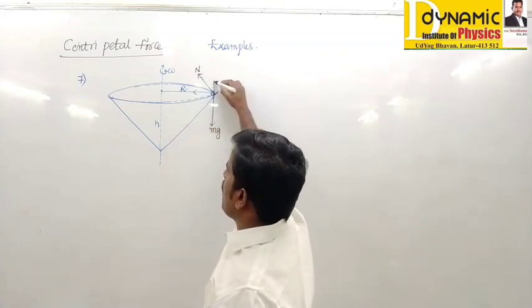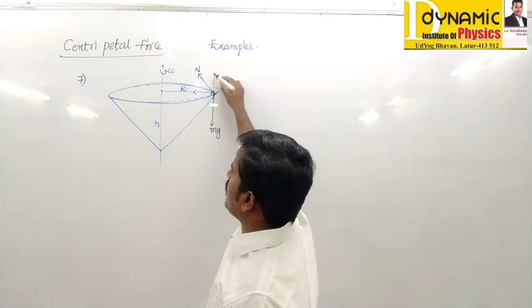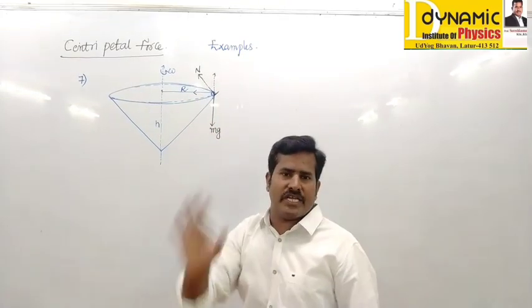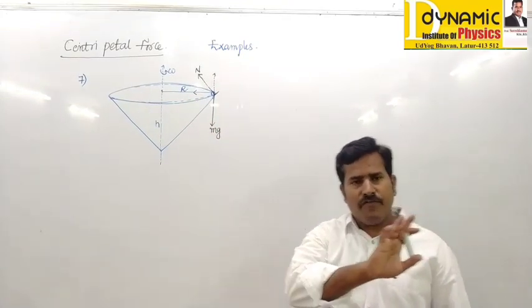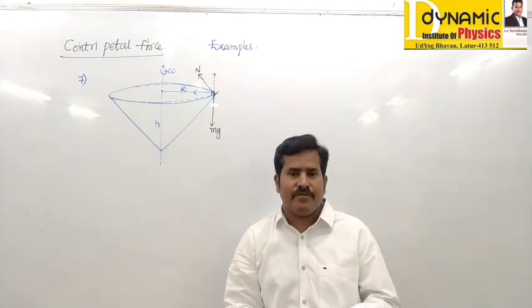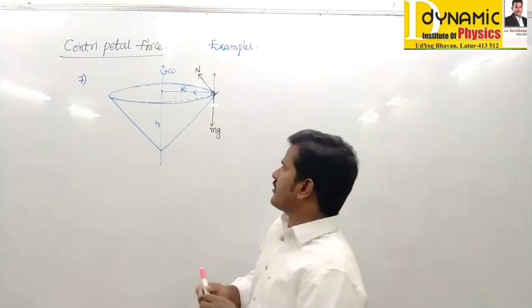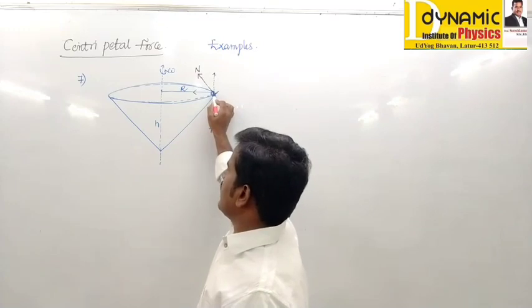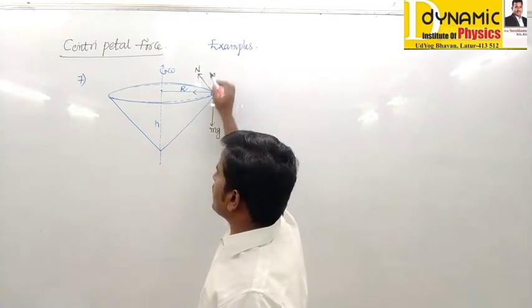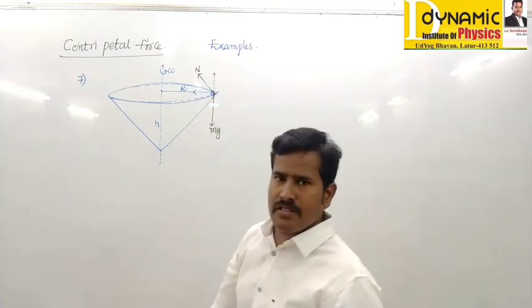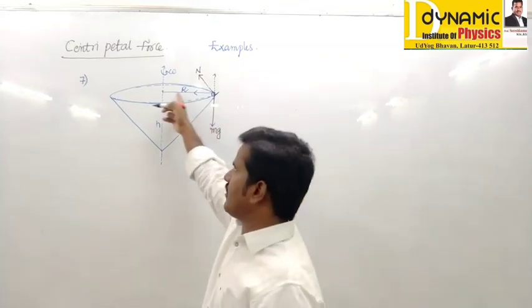For any body in circular motion, there must be a centripetal force. Without centripetal force it is not possible to be in circular motion. Here the normal reaction component provides the centripetal force.